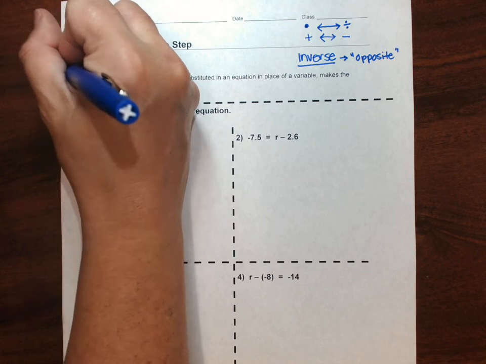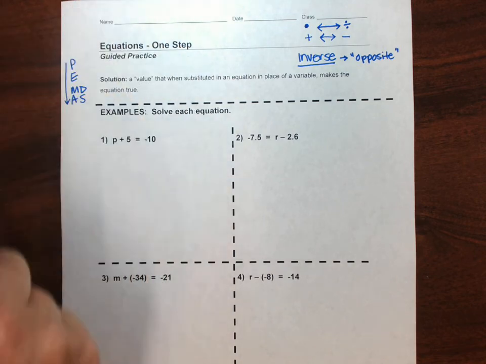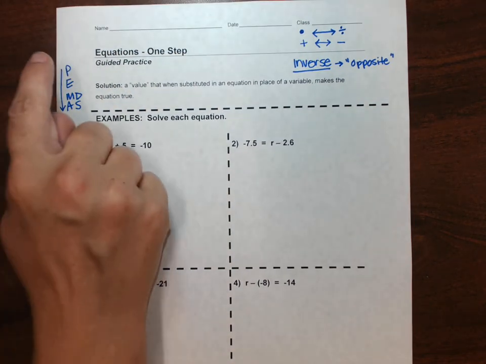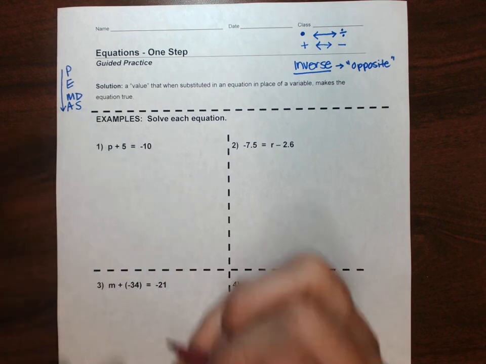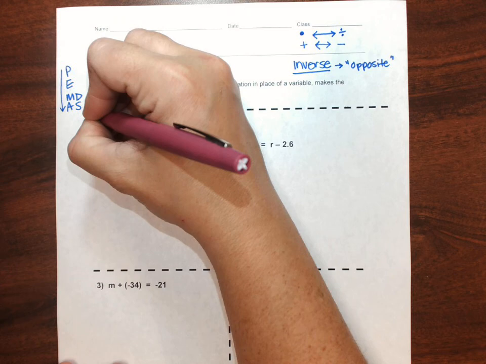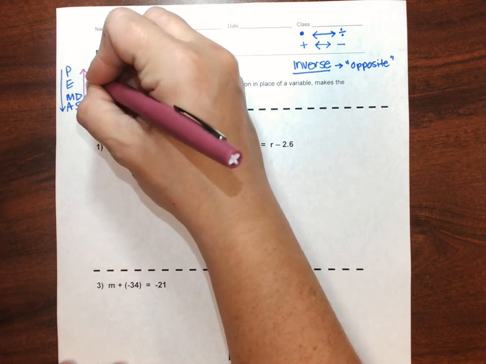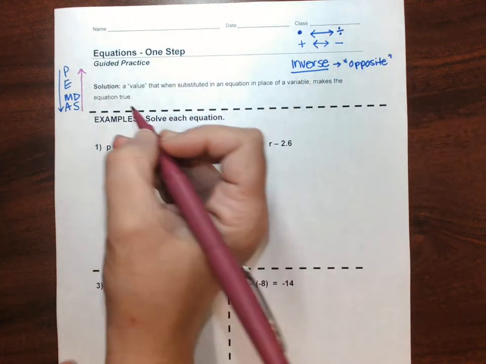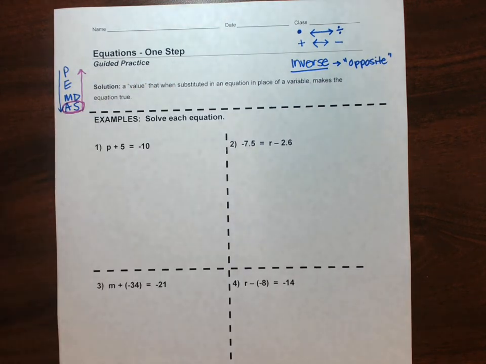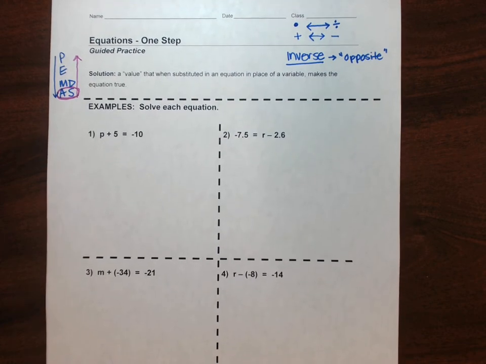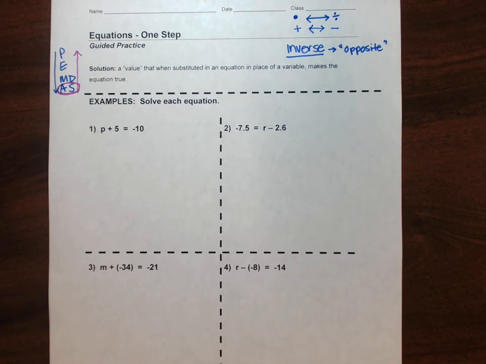So we normally start at the top and work our way down. When we're solving equations, we're going to start down here and work backwards. So what's the first thing we'll start with? Adding and subtracting. It's kind of giving you a little back information there.